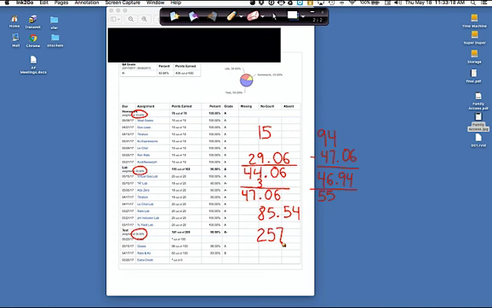Well, she got a 98 on one test, and she got an 83 on an earlier test, and we subtract those. So 257 minus 98 minus 83, she needs 76 points out of the 100 points available on the final. So she needs a 76% on the final in order to get an A in the class.